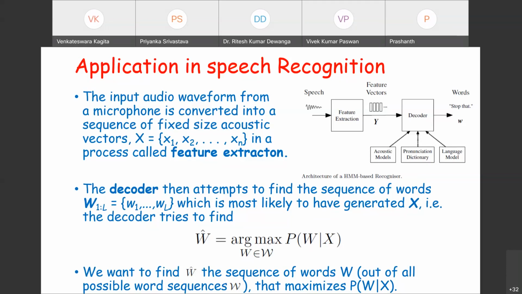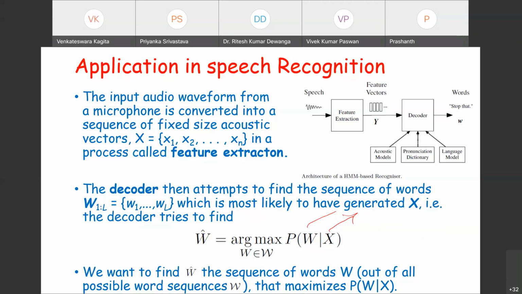So to map, this word sequence is equivalent to the state sequence in our case, like whether it is sunny or rainy or cloudy, something like that. And this X in this case is the features, but in that case it is equivalent to the umbrellas. So the acoustic vectors are equivalent to our umbrella observations.